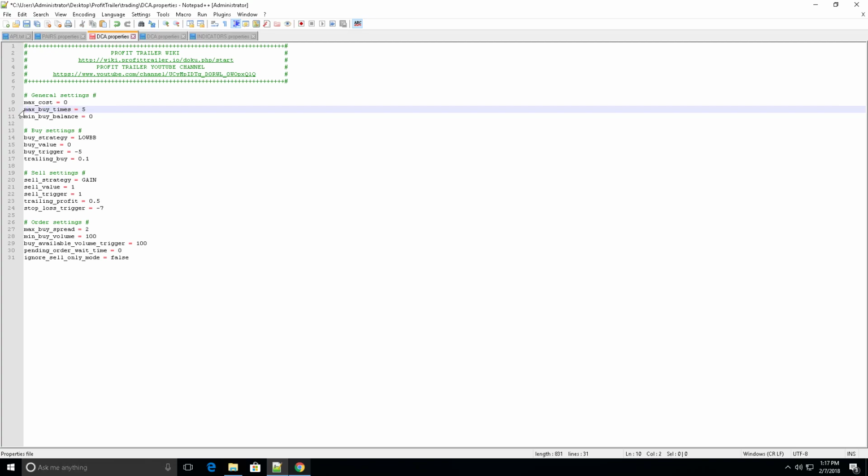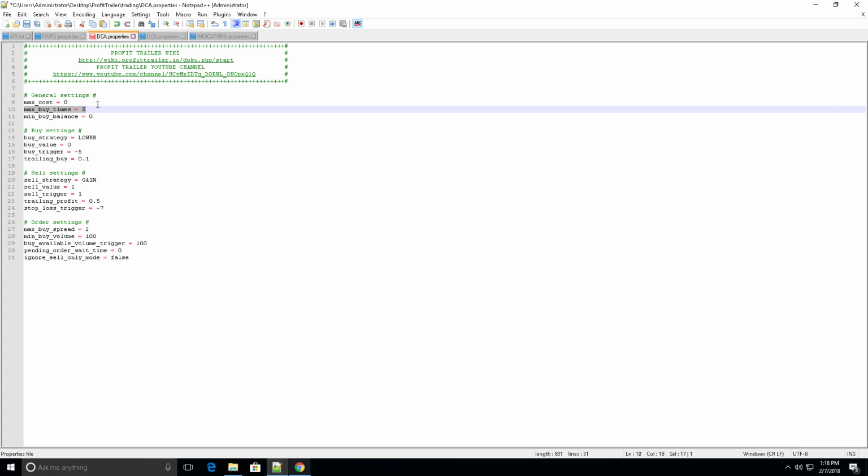Some people said that sometimes the bot miscounts max buy times. So using max buy times is not exactly the safest way. The safest way is to use either min buy balance or max cost as a cap, because sometimes something lags out, or maybe your VPS or your computer shuts down in the middle while ProfitTrailer is running.